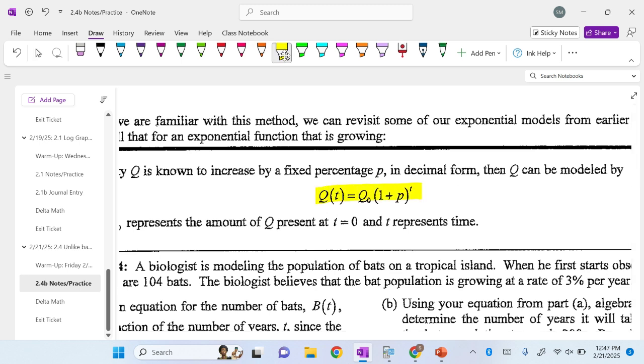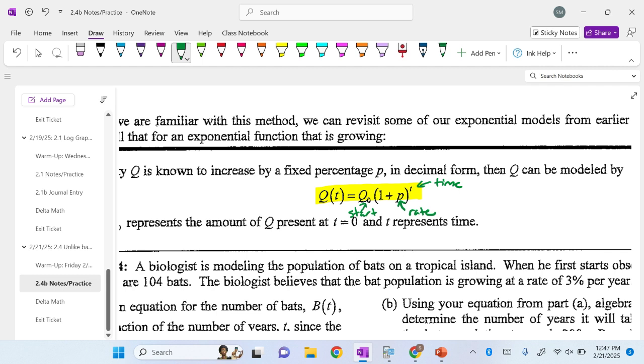So again, this is the exponential growth model, where this is what you start with. This is typically your rate, which is given to you as a percentage that you have to turn to a decimal, and t is your time. Now, what we've dealt with so far when it came to exponential word problems is they typically already gave us our time unit, and we would put it in our calculator and evaluate it.